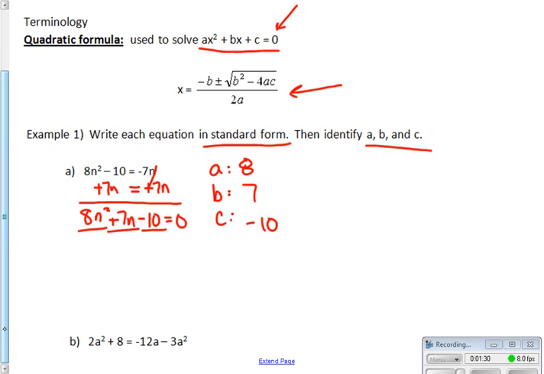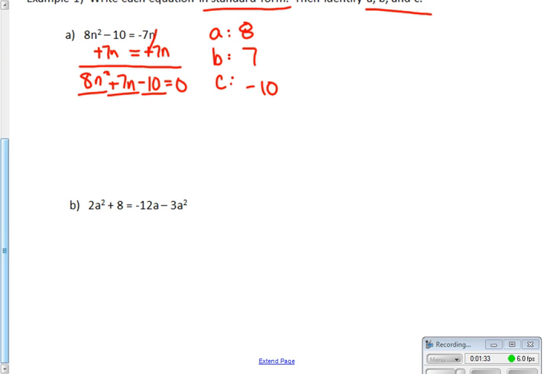Same concept down in b. We'll have to make sure we combine like terms here. So same scenario here, right, in standard form. I'm going to add 3a squared to both sides. I have 5a squared plus 8 equals negative 12a. Still not finished because we have to set it equal to 0.